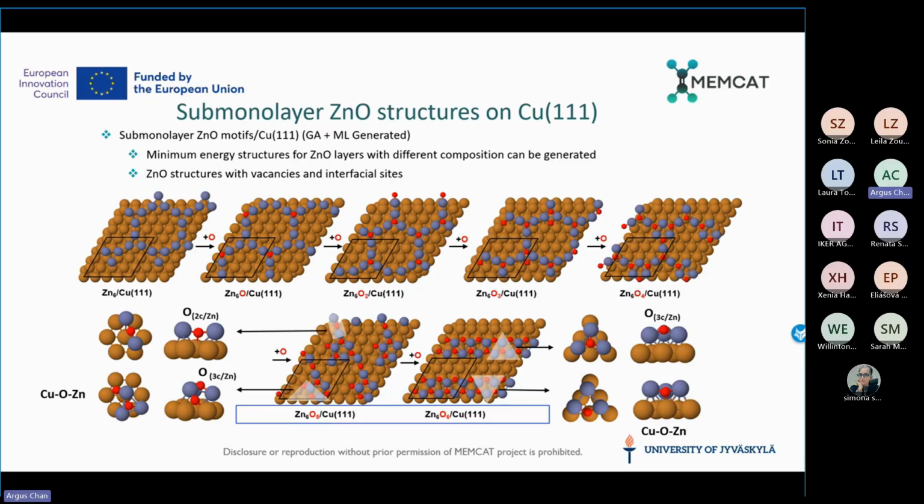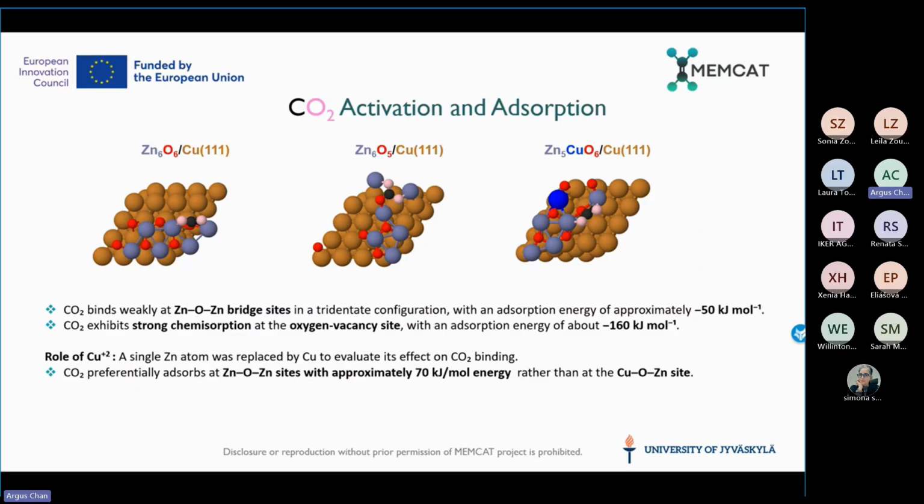What Annette tells us is that under the reaction, before going to that, here are some binding energies that we considered. What we see is that on these submonolayer structures, the CO binding energy is around 70 kilojoules per mole.